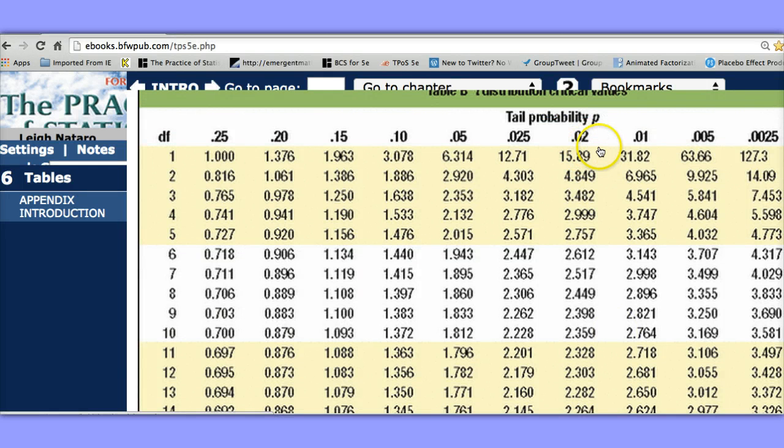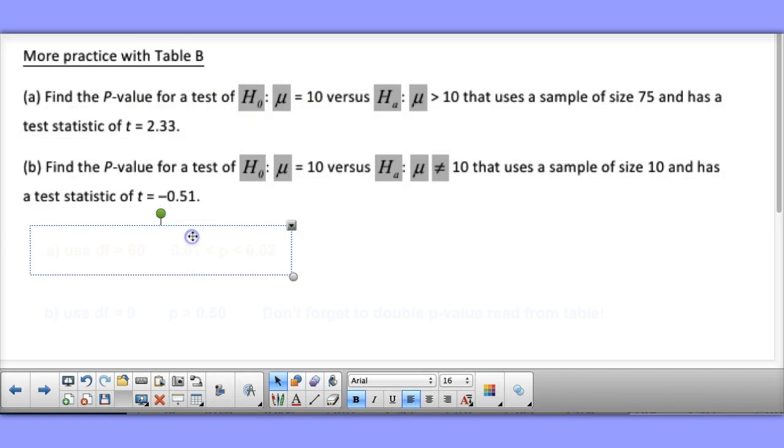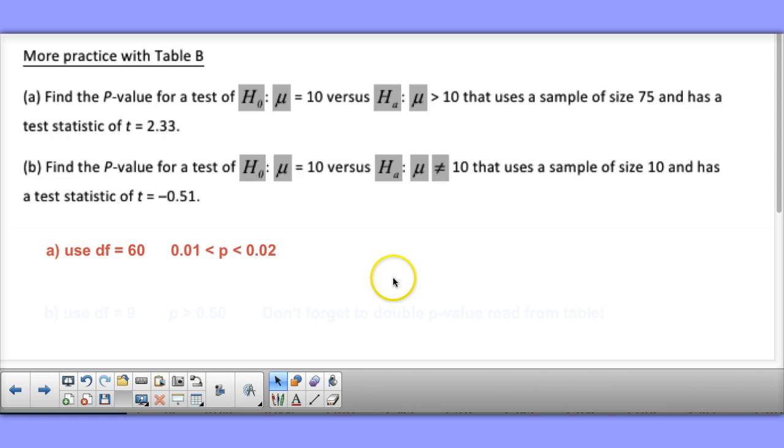We have 0.02 and 0.01. So since our test statistic value would be between these two columns, our p-value is between 0.01 and 0.02. So with the 60 degrees of freedom, our p-value is between 0.01 and 0.02. That was for a one-tailed test, so we just read the p-value directly from the table.